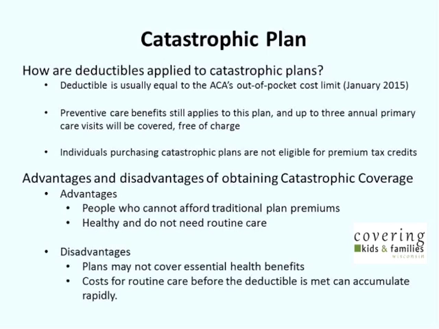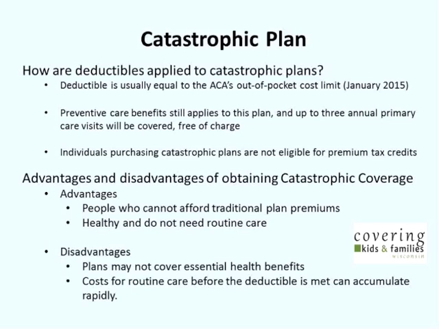Individuals purchasing catastrophic plans are not eligible for tax credits, so you would get no subsidy to buy those. Of course, the advantages are for people who can't afford the traditional premiums, or young, healthy people who feel that's a better option for them.